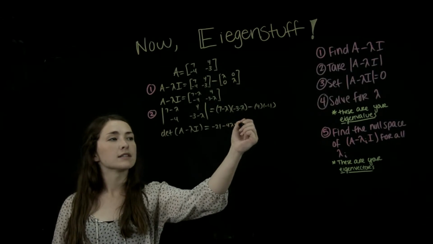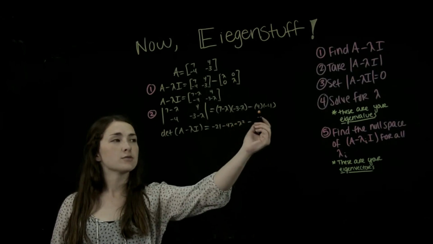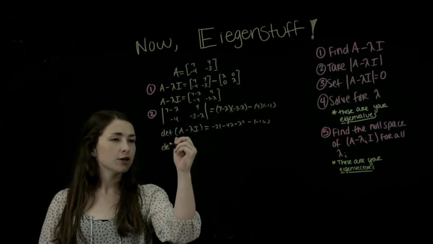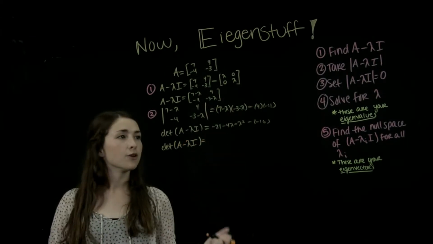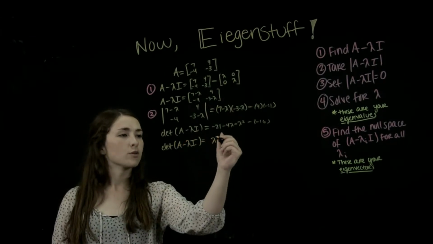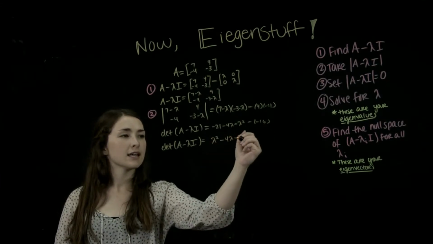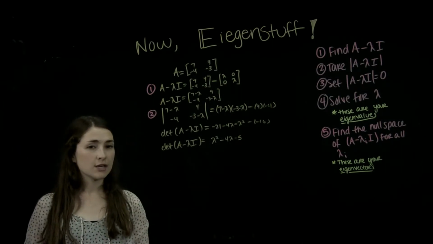We're going to have a plus lambda squared. Then we're going to be subtracting this, which is a negative 16. So then we know that our determinant of A minus lambda I is equal to lambda squared minus 4 lambda. Negative 21 plus 16 is negative 5. Okay, so now we know what our determinant is equal to.